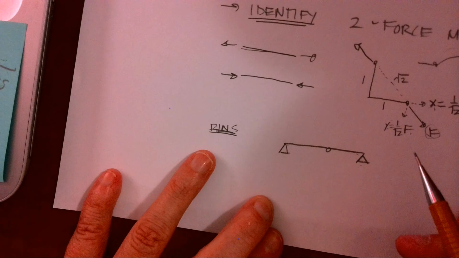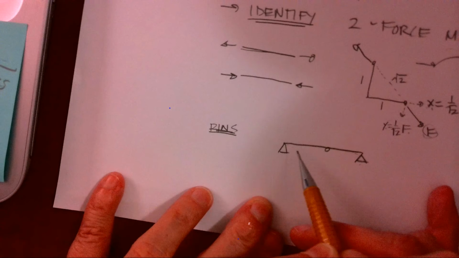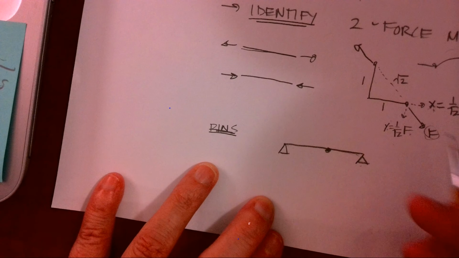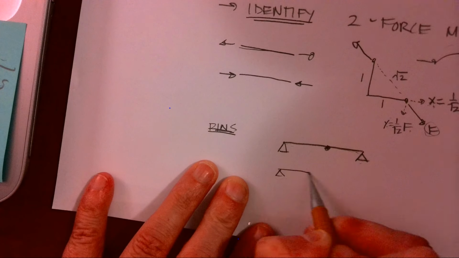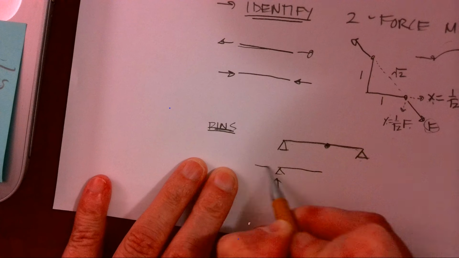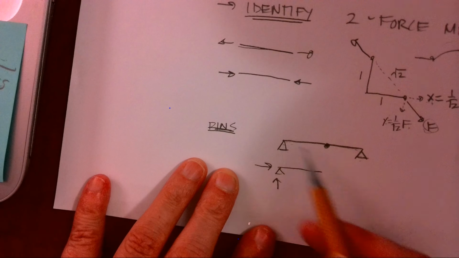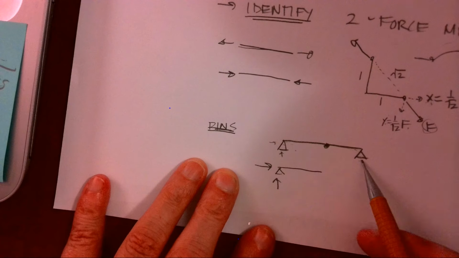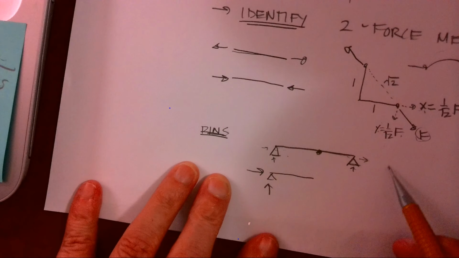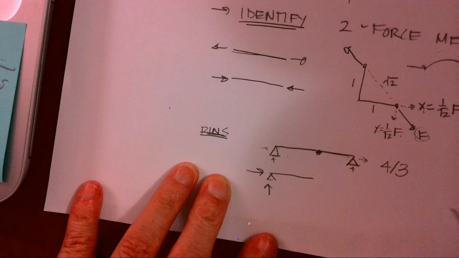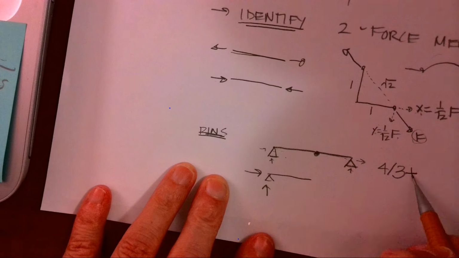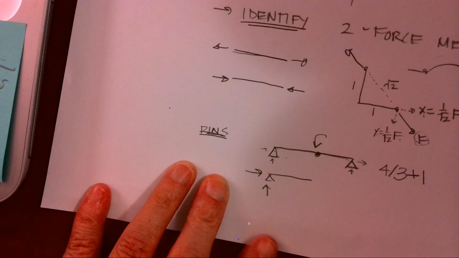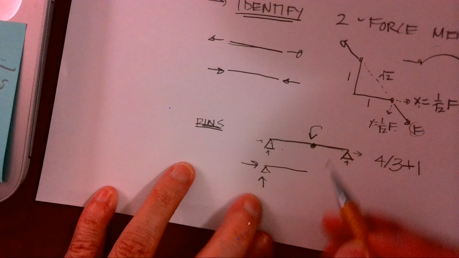If this could be like the frame of my glasses where I've got the earpiece pinned to the frame, when I take this apart I recognize again I have 2 external pins, so I'm going to have 4 unknowns. I only have 3 equations. That's not enough. But I have that internal pin, which is going to allow me the extra equation I need for a solution. So I can take it apart at that pin.